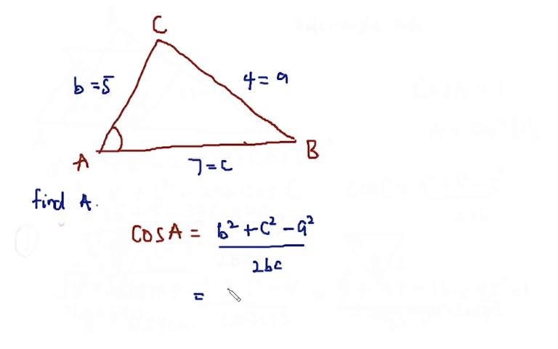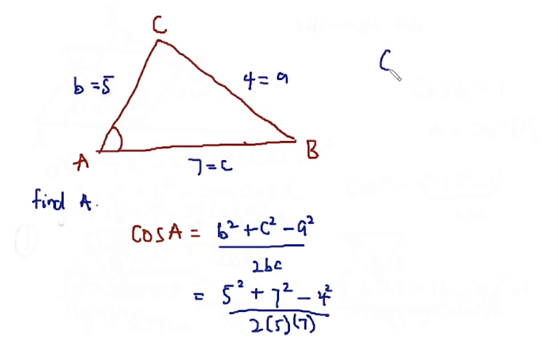So b is 5, squared, plus c is 7, squared, minus a is 4, squared, divided by 2 times b, b is 5, c is 7.